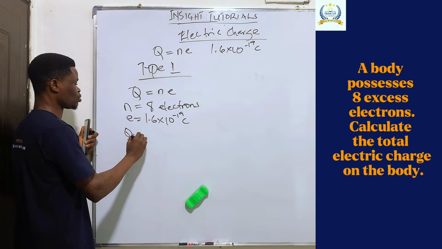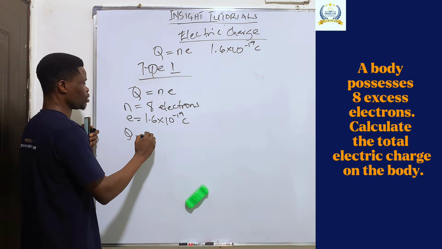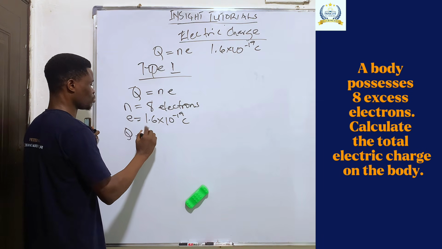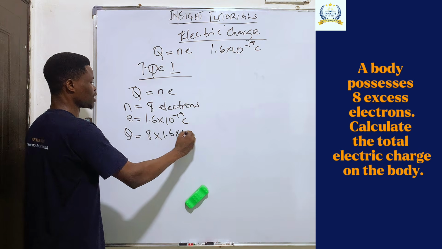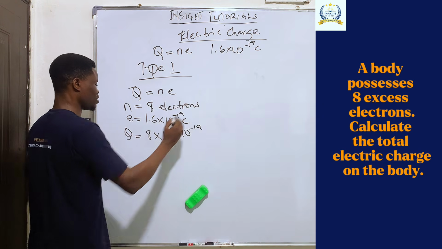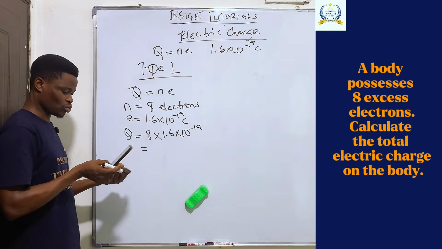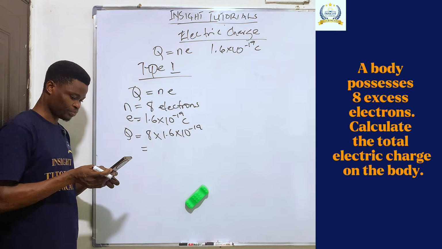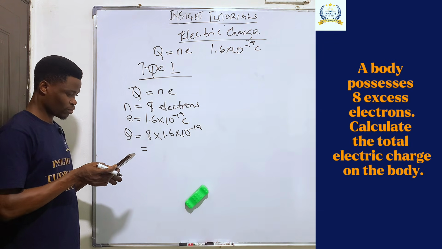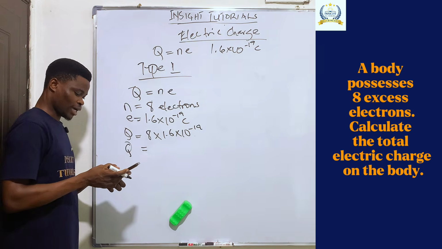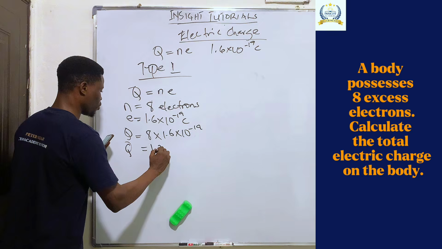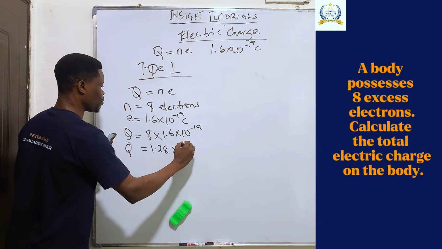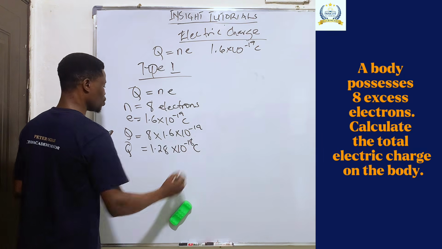So our total charge is going to be 8 times 1.6 times 10 to the power of minus 19 coulomb. And I'm going to actually punch that on my calculator. So having punched that on my calculator, I got my total charge to be 1.28 times 10 raised to the power of minus 18 coulomb.